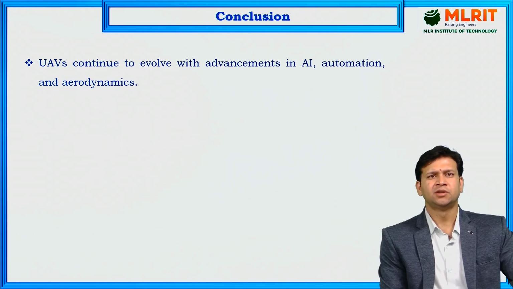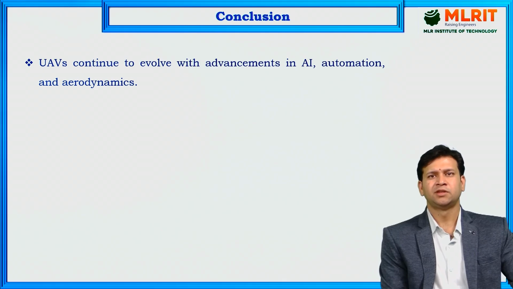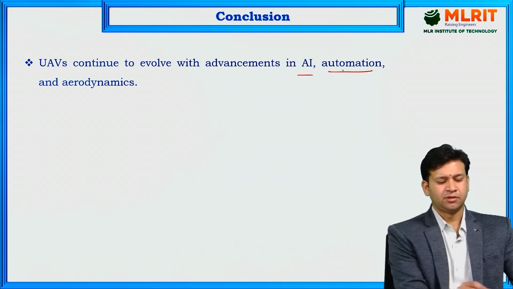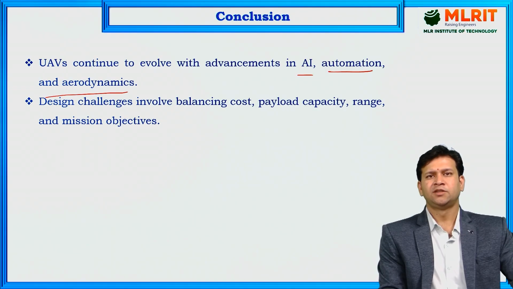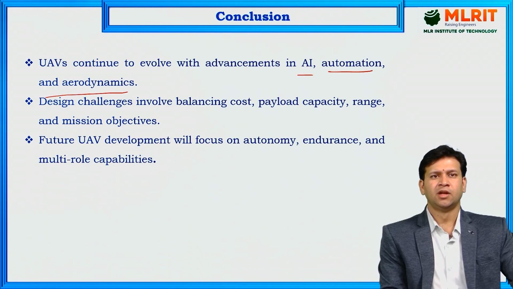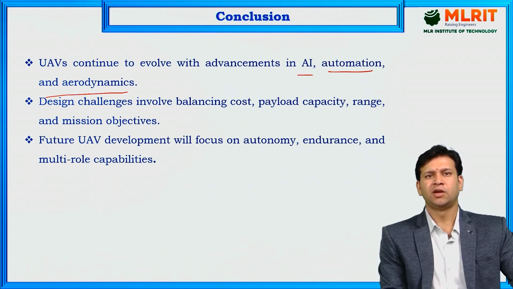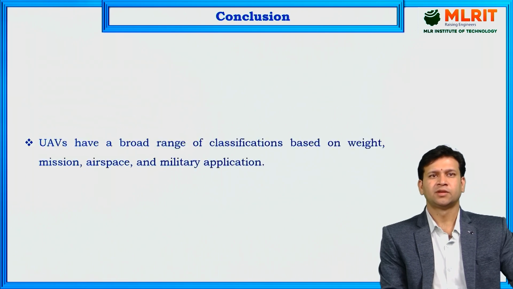During this lecture, we have seen that UAVs continue to evolve with advancements in AI, automation, and aerodynamics. Design challenges involve balancing cost, payload capacity, range, and mission objectives. Future UAV development will focus on autonomy, endurance, and multi-role capabilities.